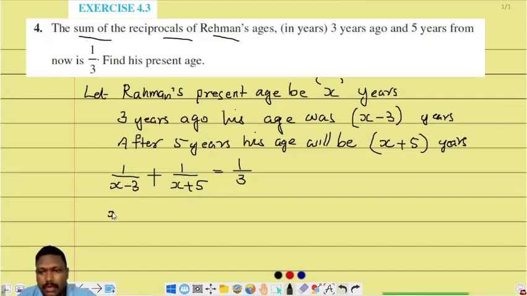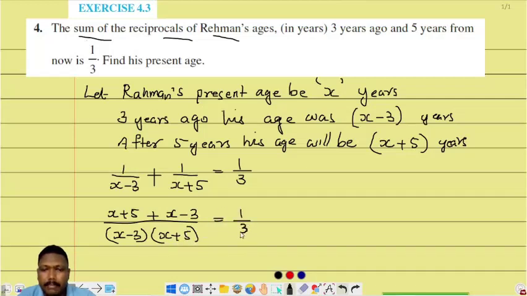While crossing this, what do we get? Adding, x plus 5 plus x minus 3, all divided by the product x minus 3 into x plus 5, equal to 1 divided by 3.